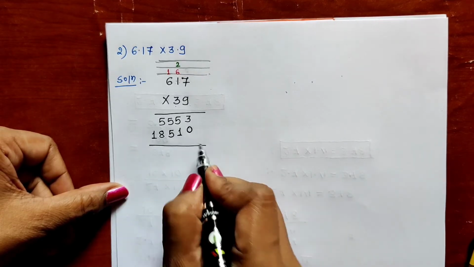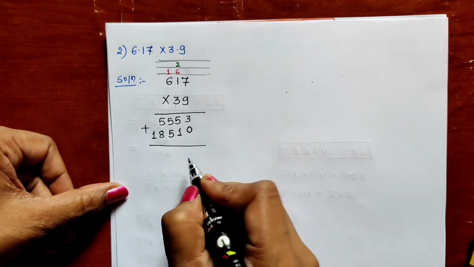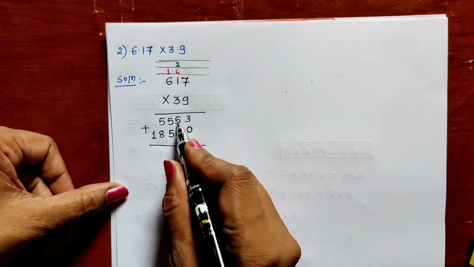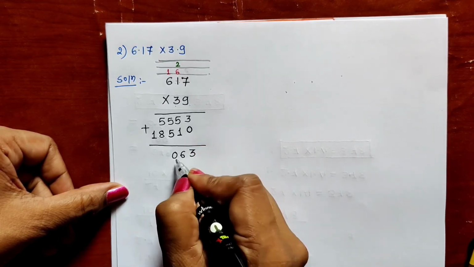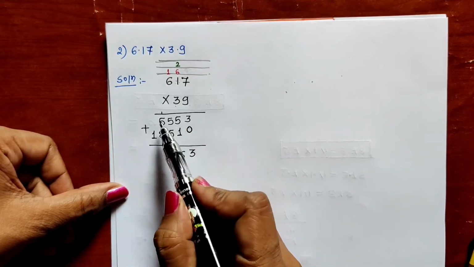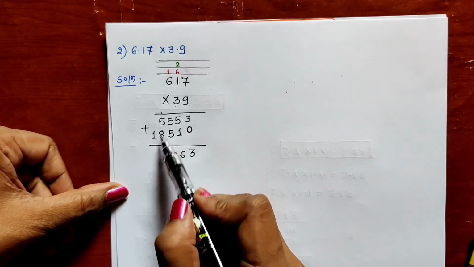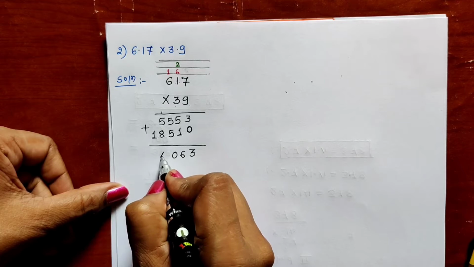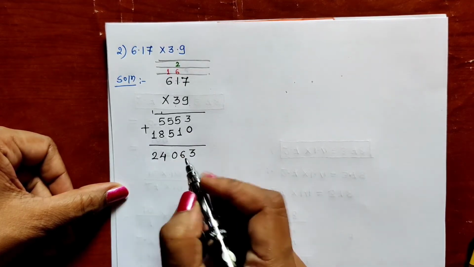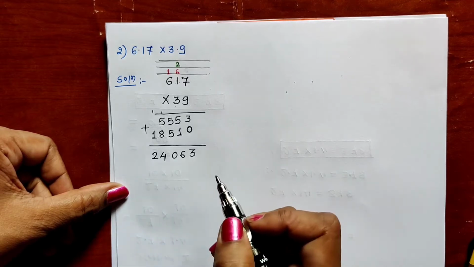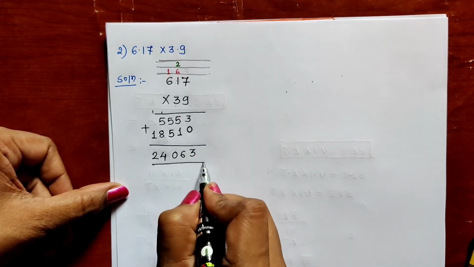Now add. 3 plus 0 is 3. 5 plus 1 is 6. 5 plus 5 is 10. 0 written, 1 carrying. 5 plus 1 is 6. 6 plus 8 is 14. 1 carrying. 1 plus 1 is 2. So 24,063 is the answer of this multiplication.